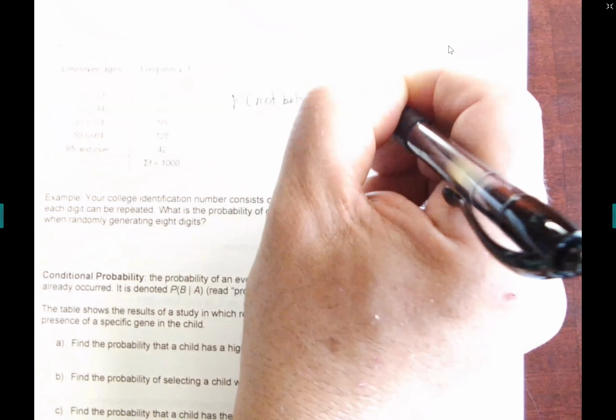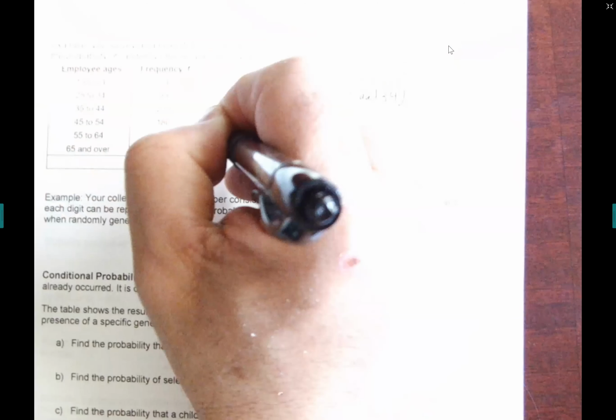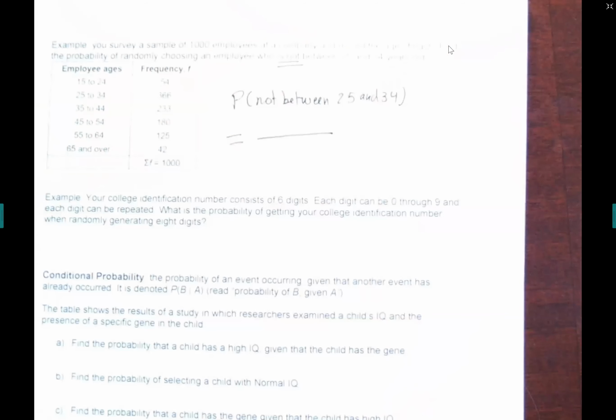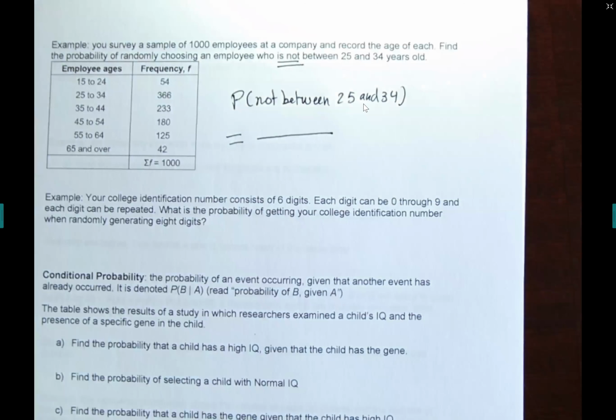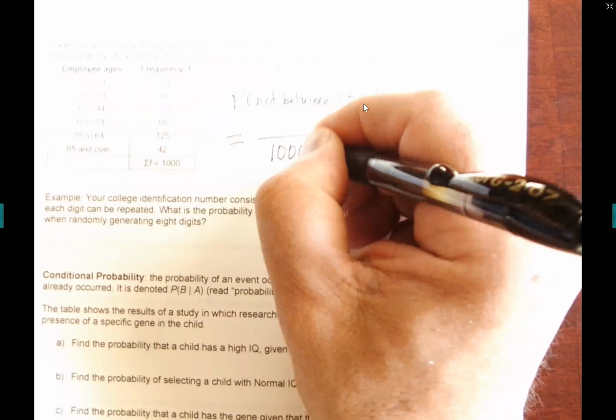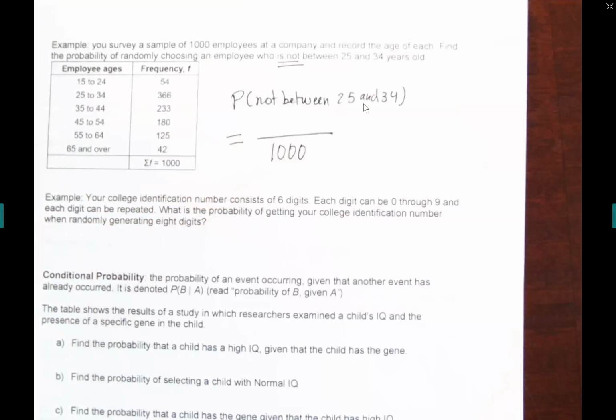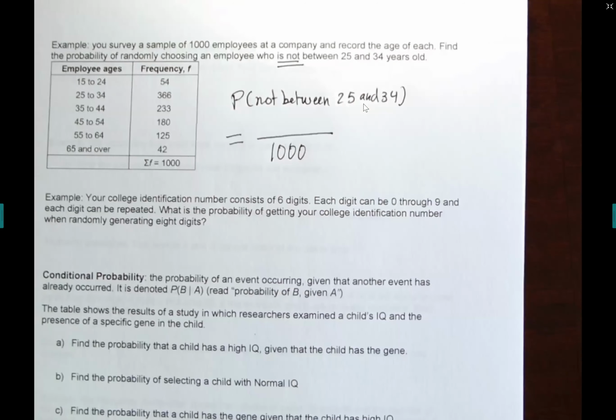All right, guys, I'm ready. How would you figure this out? If you pick one, there are 1,000. Guys, I'll make it easy for you. Denominator is 1,000. What's the chance of selecting an employee at random, put all those names in a basket, and pick someone who is not between 25 and 34?